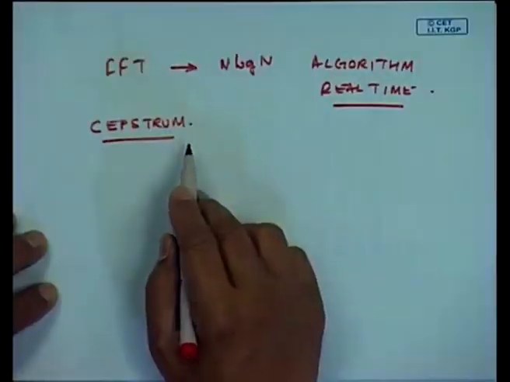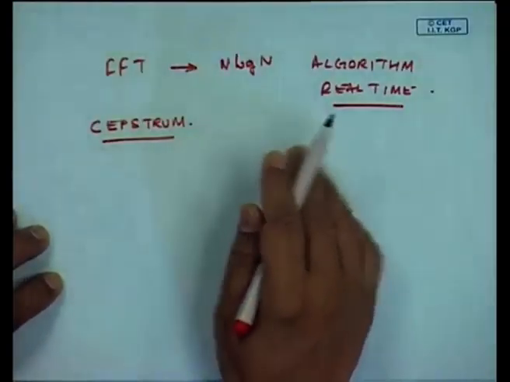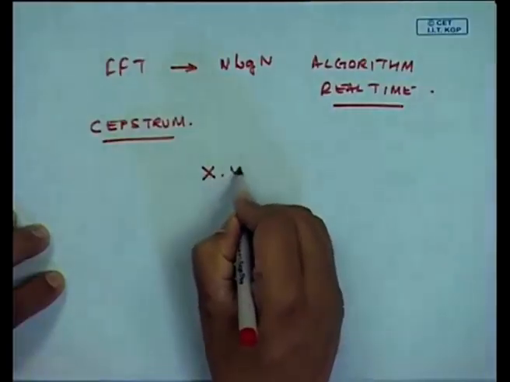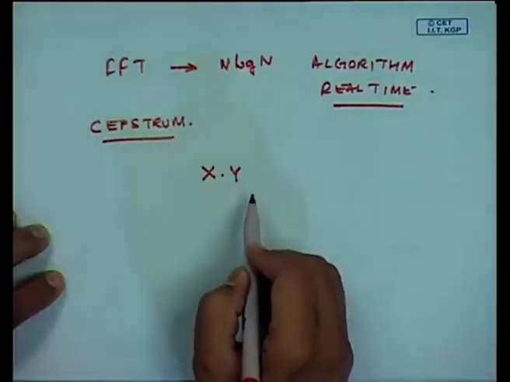Another effect of Cepstrum is it deconvolutes or removes the effects of the path, because if the two signals are convoluted, the effects are there. Suppose a signal x multiplies with signal y, okay.